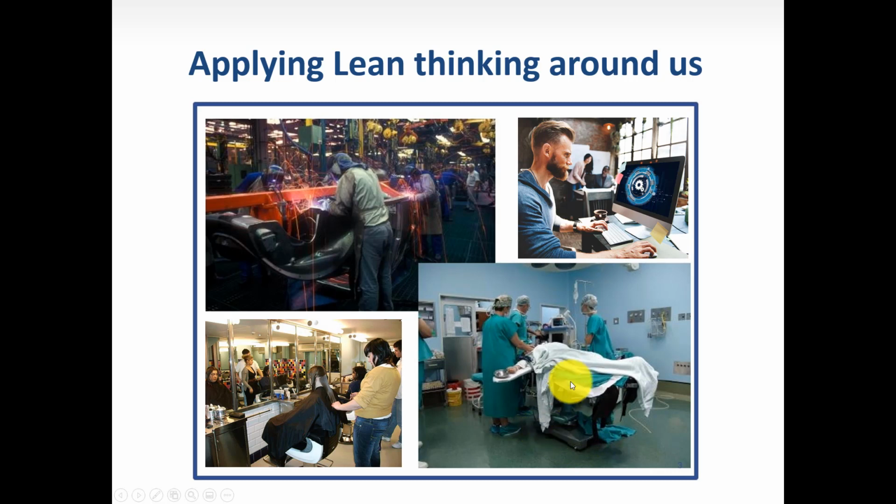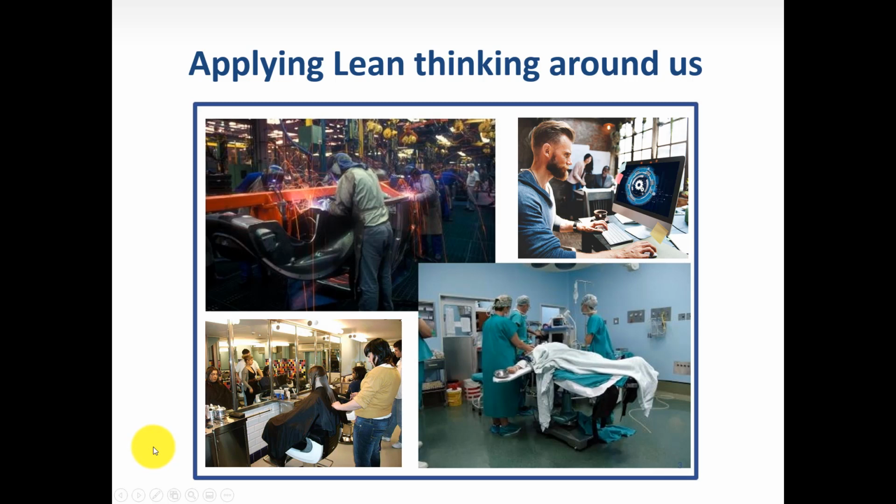Look, it's even on top of a table with wheels. And just like here you have operators, here you also have operators. Of course, these are more sophisticated people in terms of education, but they are performing a similar type of job. But the same could also happen in services, like in an office or a hairdresser, in which the customer is also flowing and someone else is performing a job.